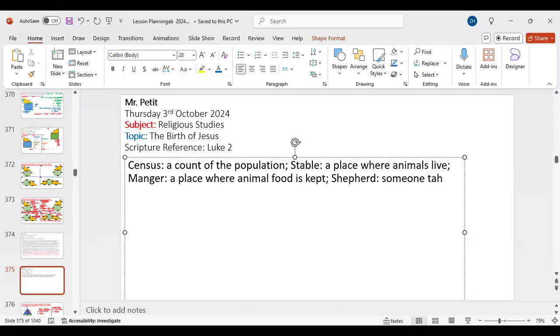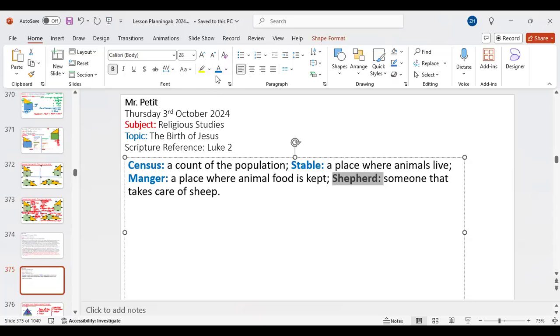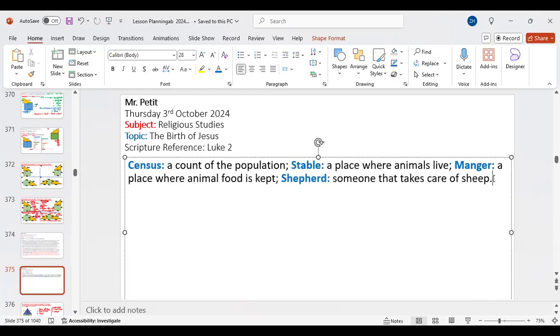Someone that takes care of sheep. So those are our vocabulary words: census, stable, manger, shepherd. That's what we mean by our vocabulary words.